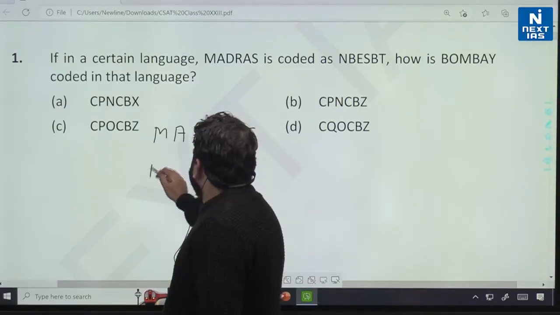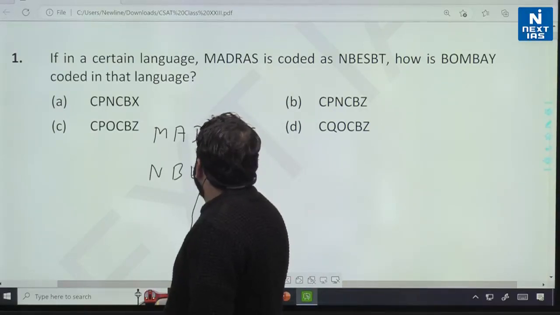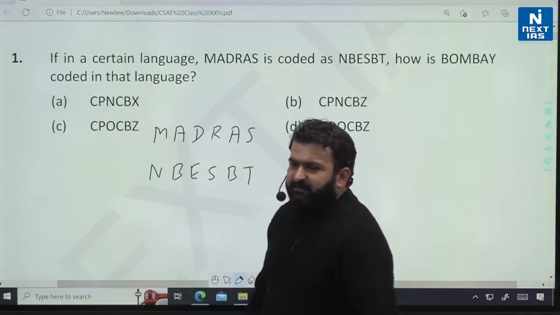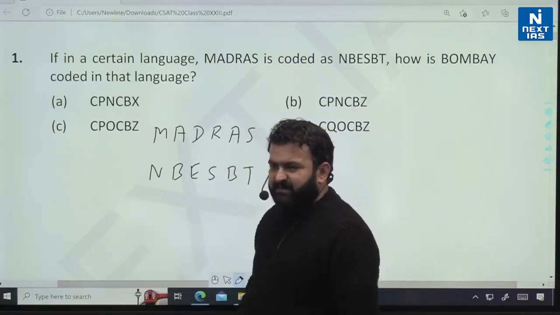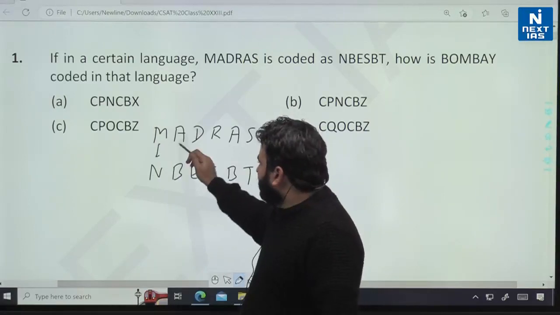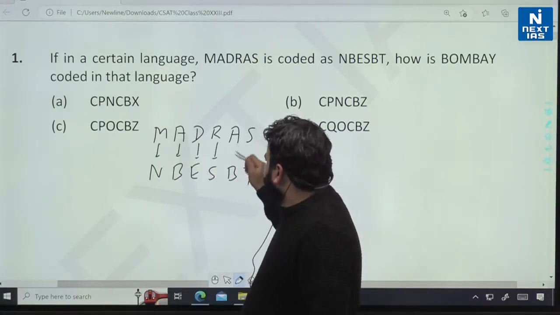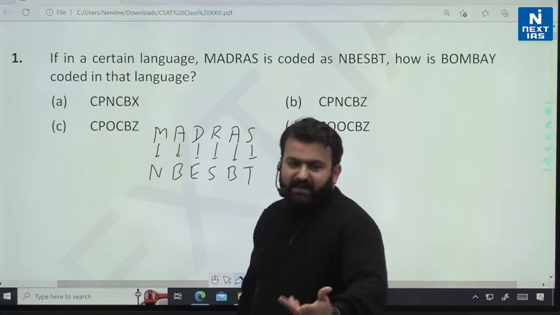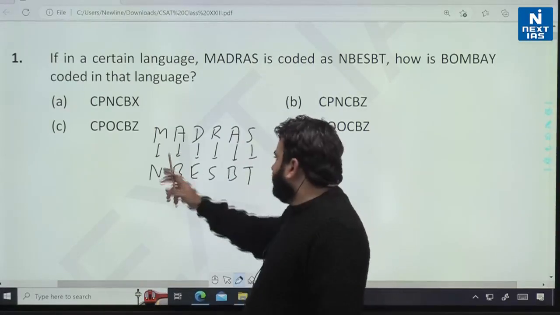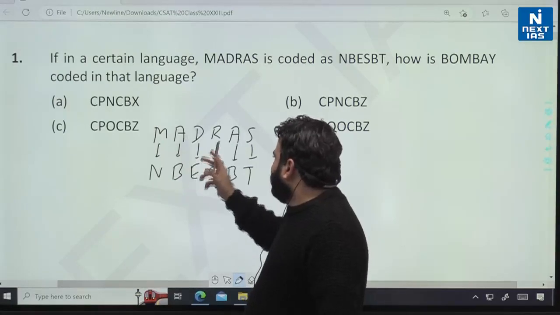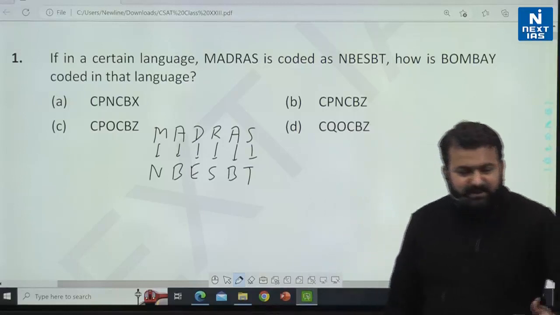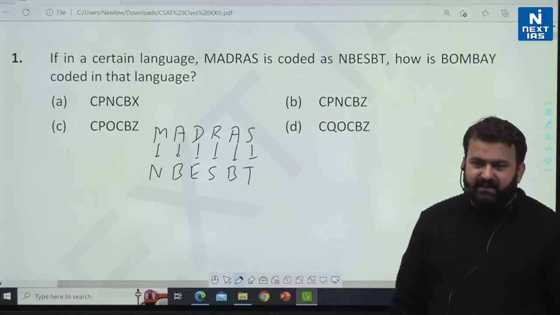Madras is coded as NBESBT. Now this is a very simple sum. I think you all must be getting that each letter is replaced by a letter ahead of it. So M becomes N, A becomes B, D becomes E, R becomes S, A becomes B, S becomes T. Each letter is replaced by just a letter ahead.